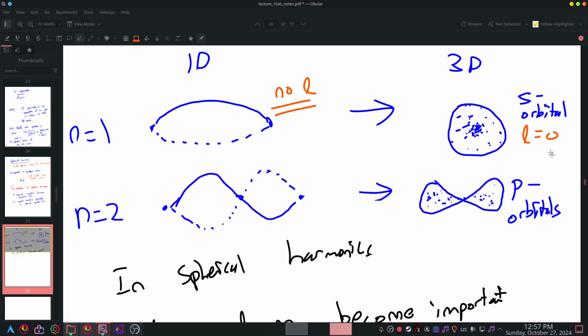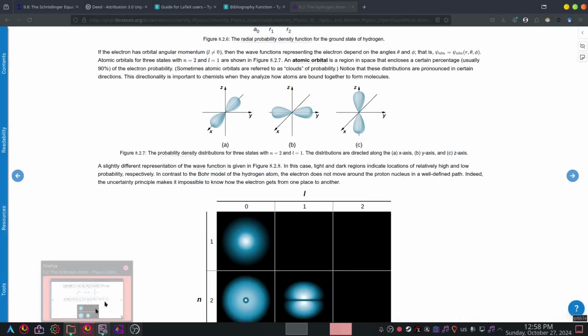S orbitals are usually when l equals 0, but p orbitals are when l equals 1. You have some momentum, and depending on the projection of this angular momentum, you have it aligned along the x, along the y, along the z axis. That is the m number I'm talking about.